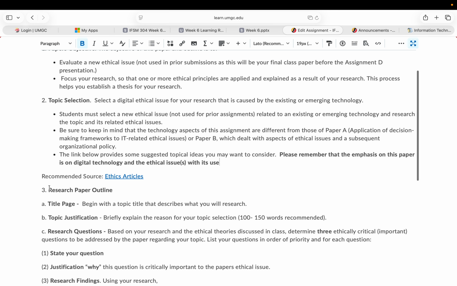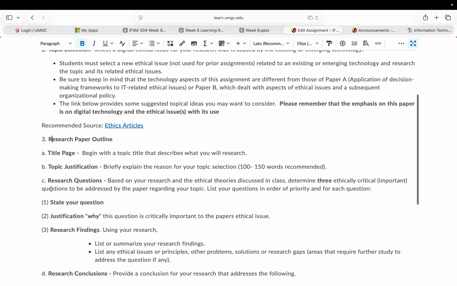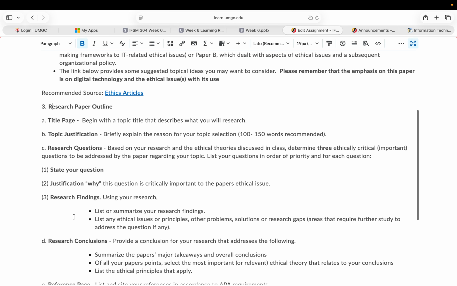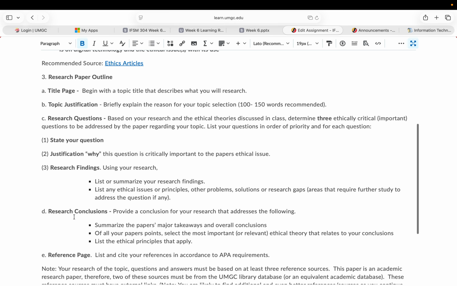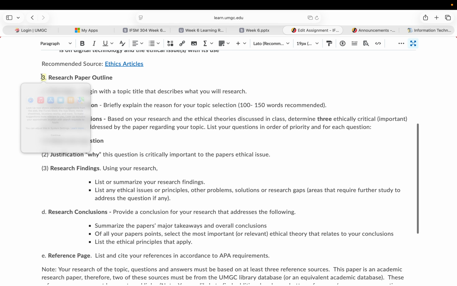You're going to have a research paper outline. So again, we give you the ham sandwich. It has a title page, topic justification, research questions, state your question. You've done something similar in paper A, I believe. Justify why, and then your research findings, research conclusions, and your reference base. So this is the paper right here, right?